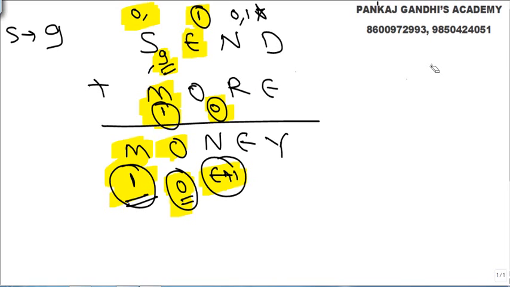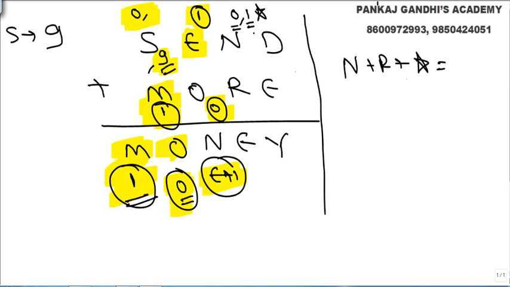I repeat what I said. D plus E, if it's more than 10 then carry 1, if less than 10 then carry 0. Why do we get E plus 10? Because there is a carry forward 1 here.